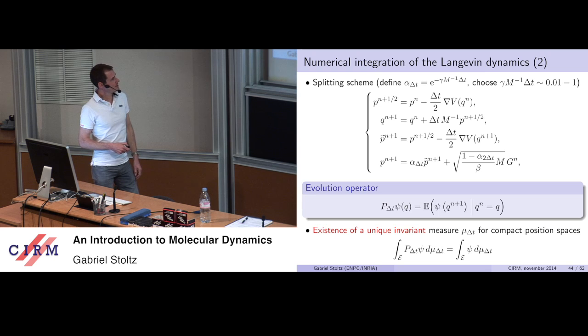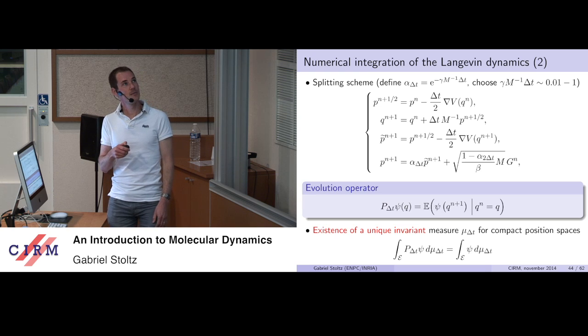And it's sometimes a matter of taste, which method you prefer to implement. In practice, people like those kind of things because in molecular dynamics codes, typically Verlet is implemented. And if you want to turn a Verlet scheme into something which simulates the Langevin dynamics, you simply add some partial refreshing of the momenta.